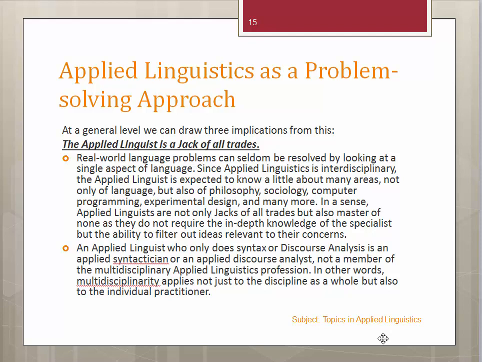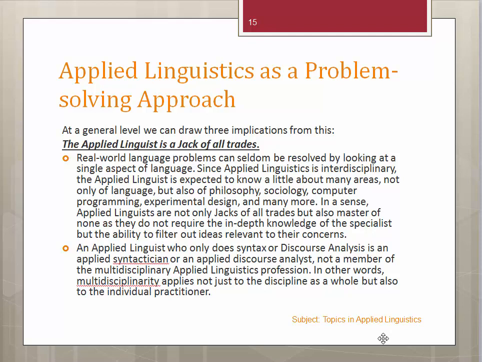In a sense, applied linguists are not only jacks of all trades but also masters of none, as they do not require the in-depth knowledge of the specialized field but the ability to filter out ideas relevant to their concerns.